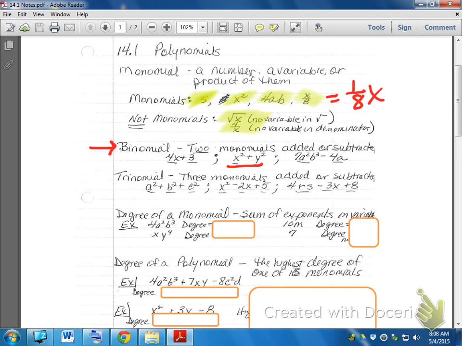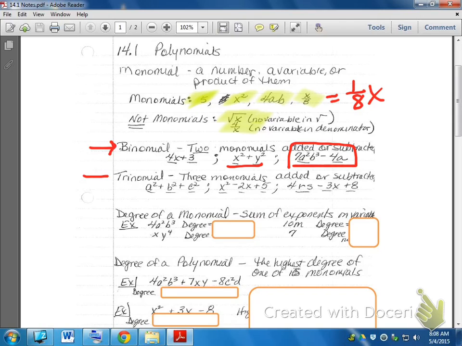X squared plus y squared, there's a plus sign adding two different terms, binomial. Even something that looks really complicated like this one, 7a squared b cubed minus 4a, is a binomial because it's a monomial minus a monomial. So binomial means two terms, two monomials added or subtracted together.